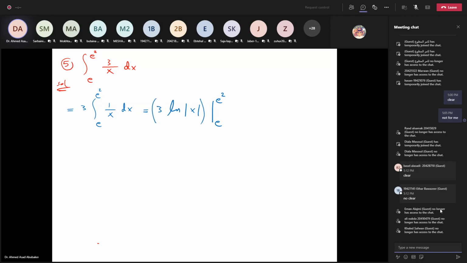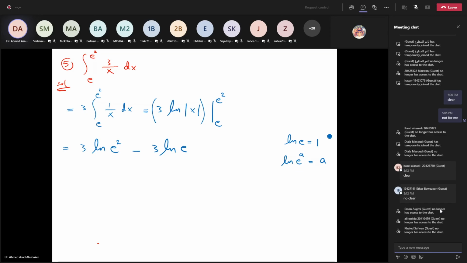Substitute e²: we have 3 ln e² minus, substituting e, 3 ln e. We know that ln e equals 1, and ln of e to the power a equals a, because we can cancel ln with e.